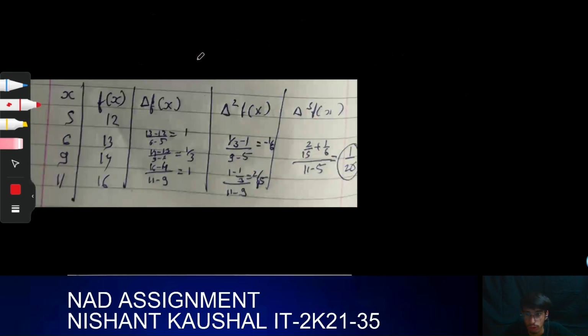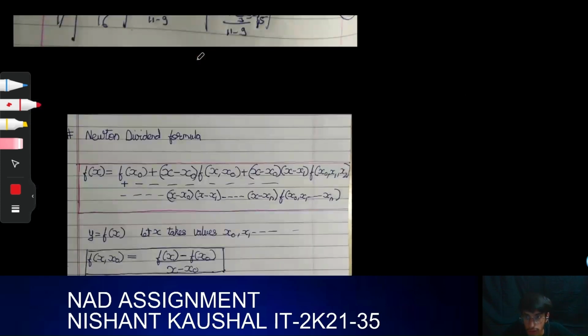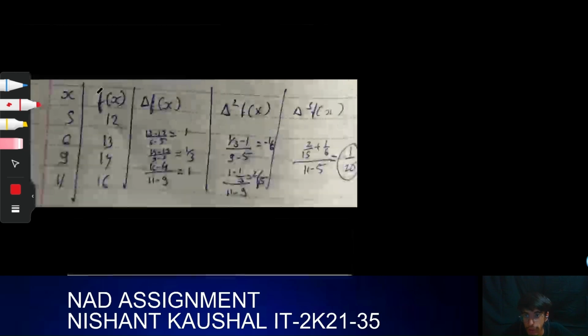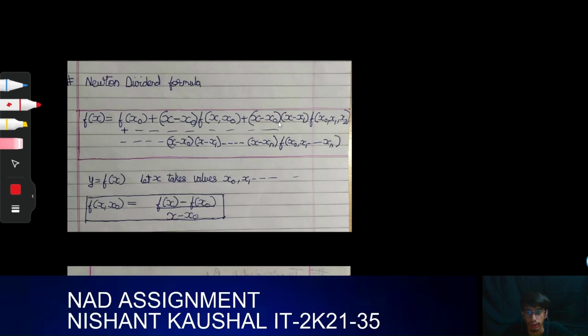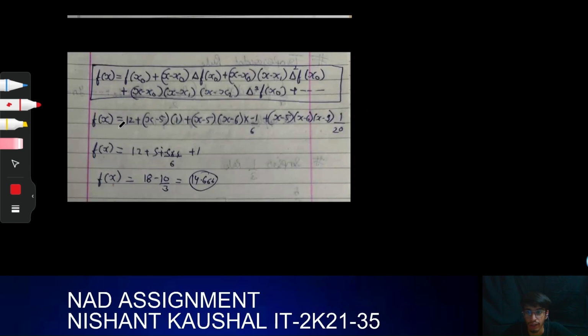Let us see through a question. We have been given x values 5, 6, 9, 11, and f(x) values 12, 13, 14, 16. We have found the divided differences using the forward difference operator, that is 1, 1 by 3, 1, and we have applied this formula in this question and found the values.